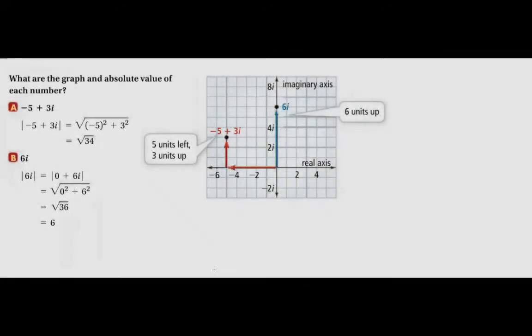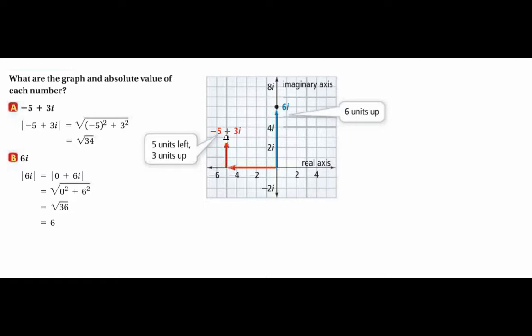A couple of examples here. What are the graph and absolute value of each number? In A we have -5 plus 3i. Here we have our real axis and our imaginary axis. The real part is -5, so we start at the origin and go over to -5. The imaginary part is 3i, so we go up to 3i and put a dot there.